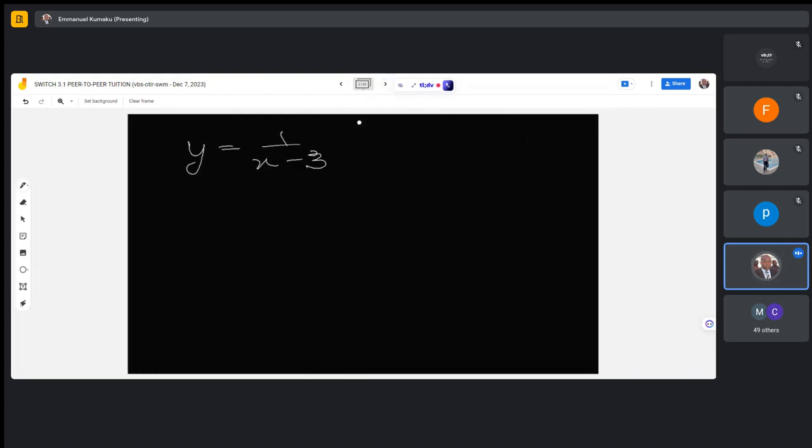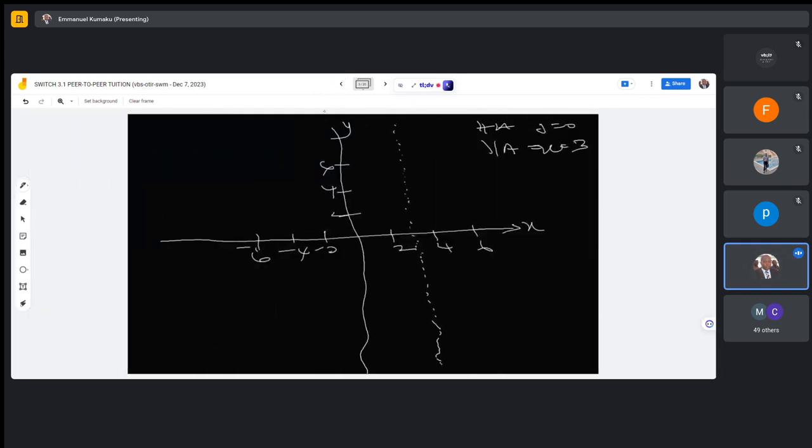When x is equal to 0, we have 1 over 0 minus 3, and the y value is 1 over negative 3, which is negative 0.3333. So the point 0, negative 0.333 will be below our x-axis somewhere here.